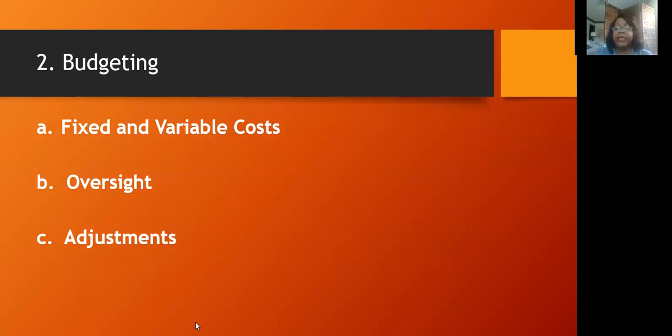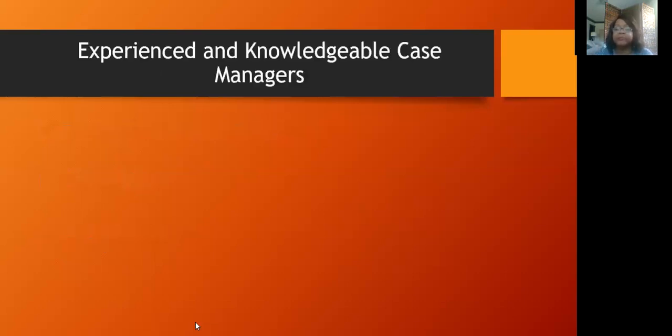The next factor is that because budgeting is so important, it provides the opportunity for all of us as practitioners to address the very concept of not knowing where we stand, so to speak, or it helps us to make sure that we don't drop the ball, for lack of a better term.